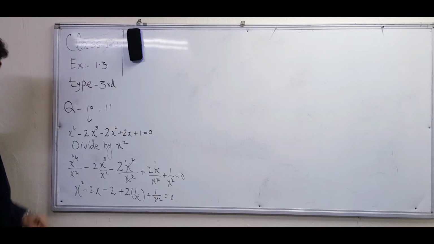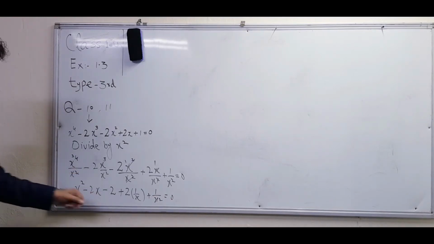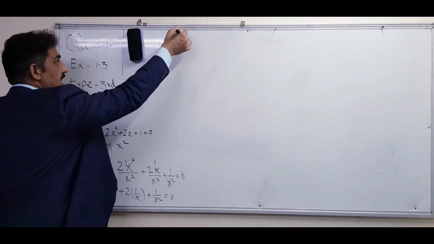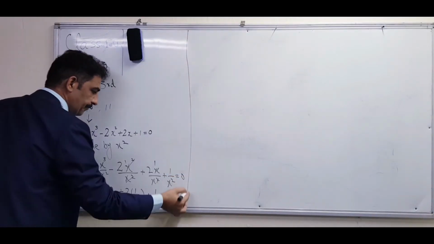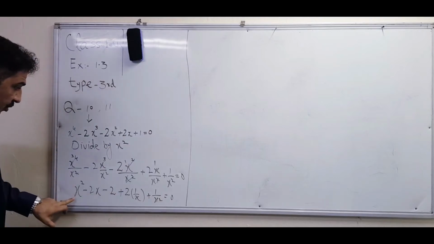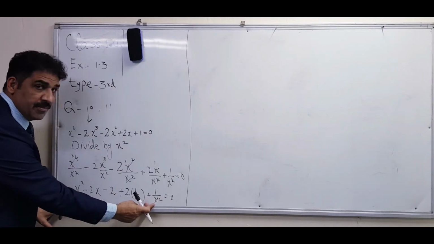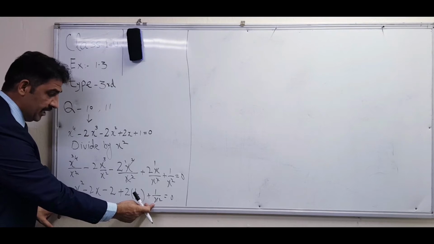Now we have to rearrange the equation for the solution. x square and 1 over x square, these terms have the same numerator and denominator x square, so we have to combine these two terms.